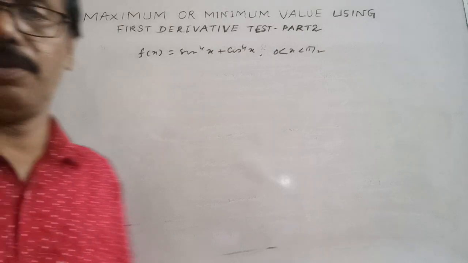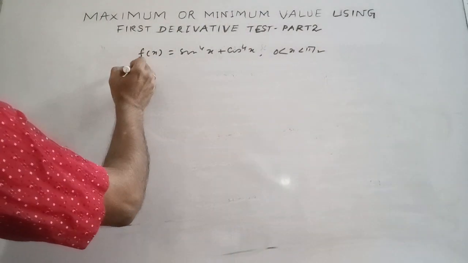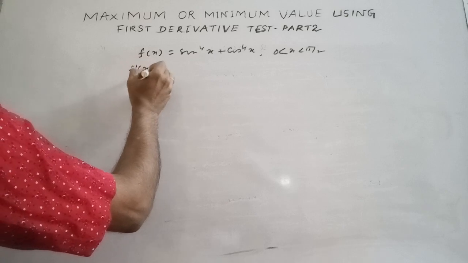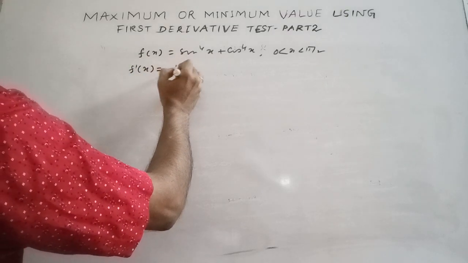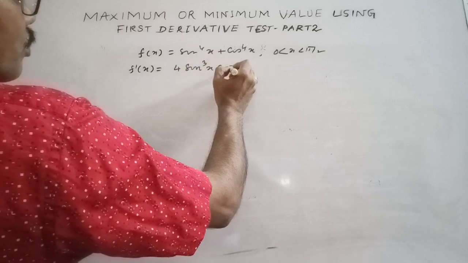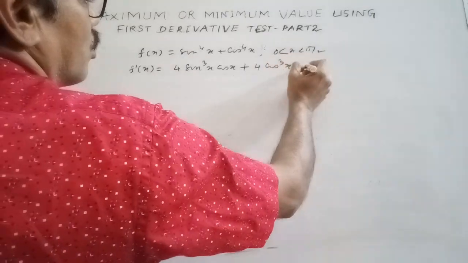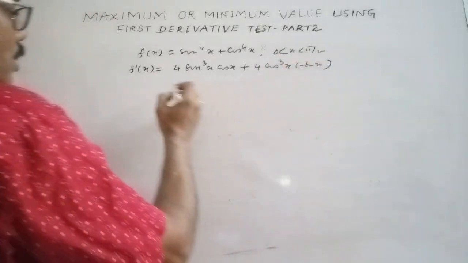So you have to find the first order derivative. Now what is f dash x? It is 4 sine cube x into cos x plus 4 cos cube x into minus sine x.